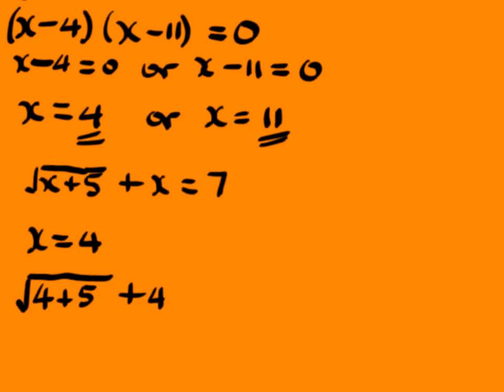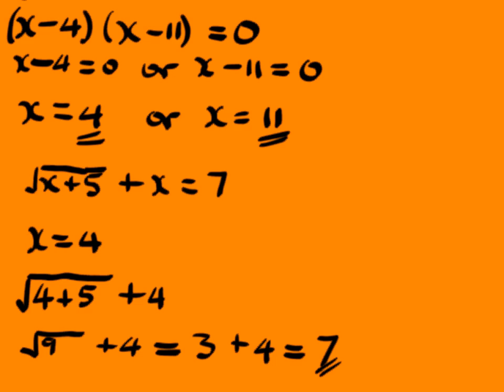Let's see if it gives us 7. 4 plus 5 gives us 9, so the root of 9, plus 4. The root of 9 gives us 3, plus 4, and this gives us 7. So it turns out that x equal to 4 is a valid root of this equation.